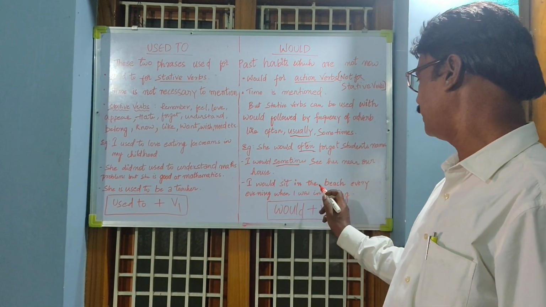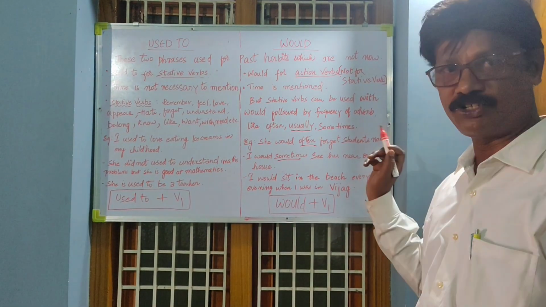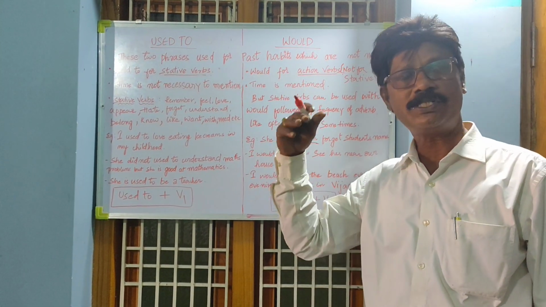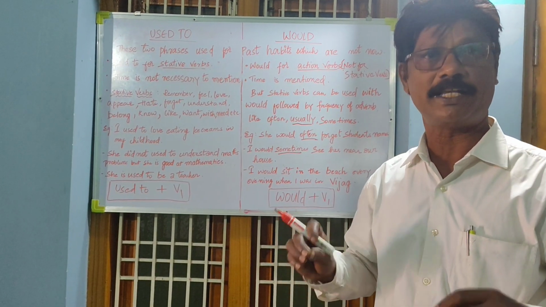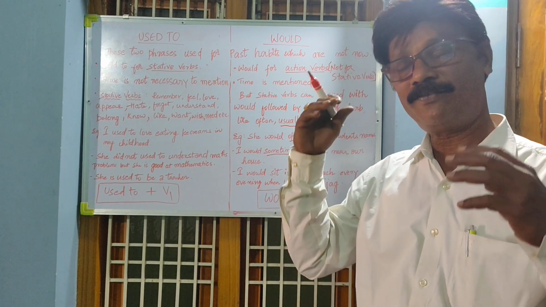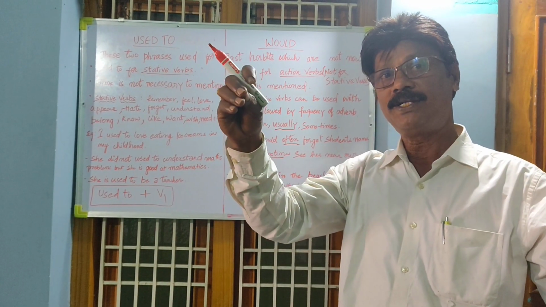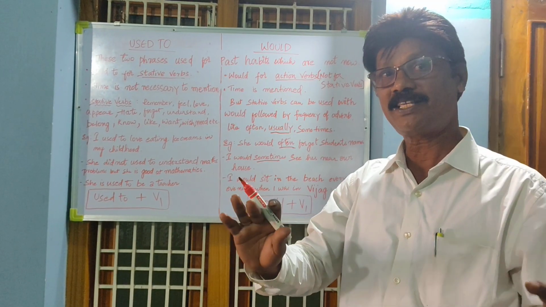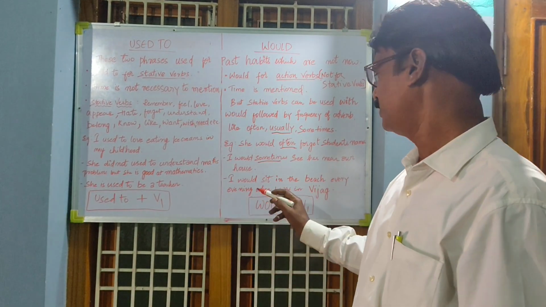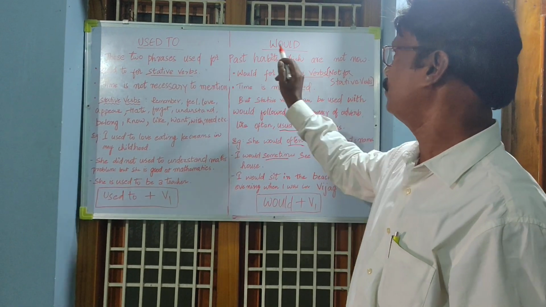I would sit on the beach every evening when I was in Vizag. Here, I am not living in Vizag at present. So when I was living in Vizag, I went to the beach, I sat on the beach. This is a past habit. Likewise we can use the word used to.